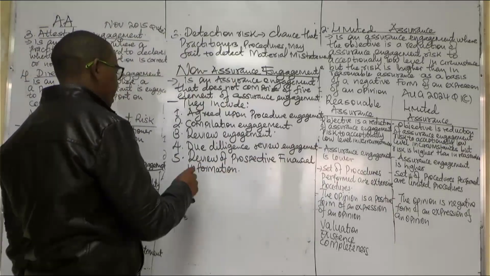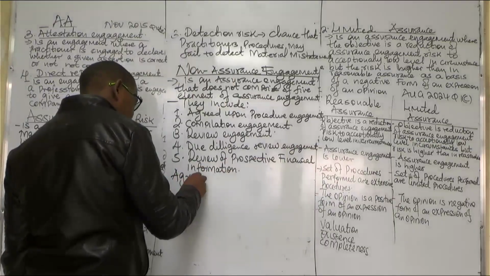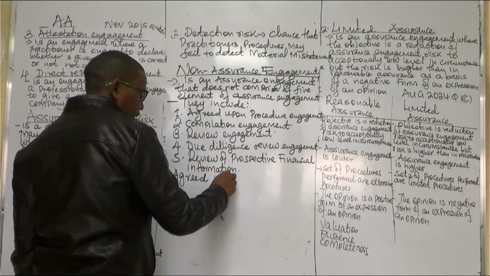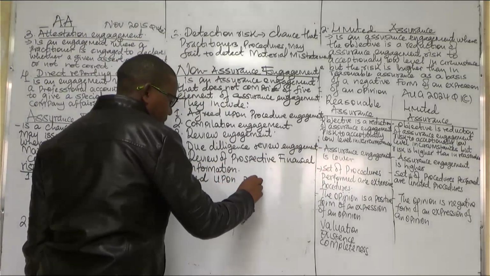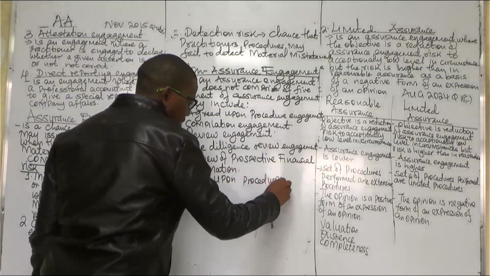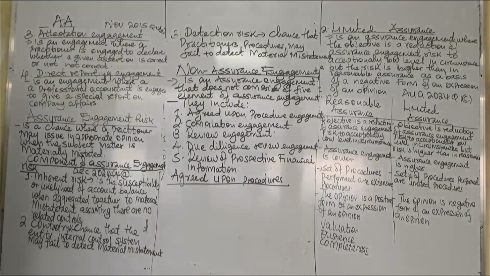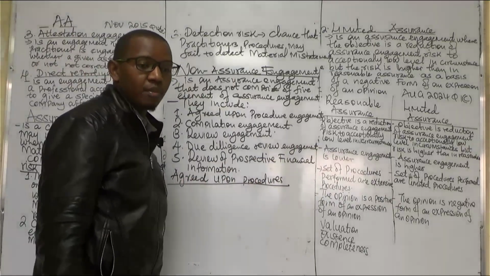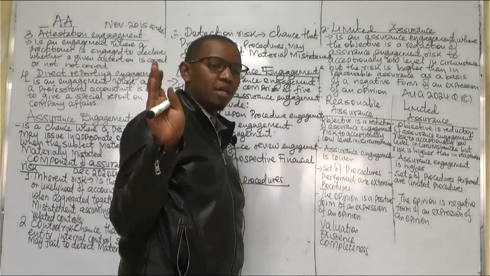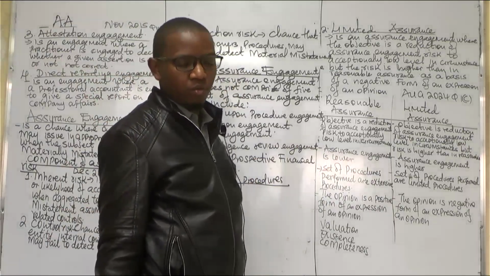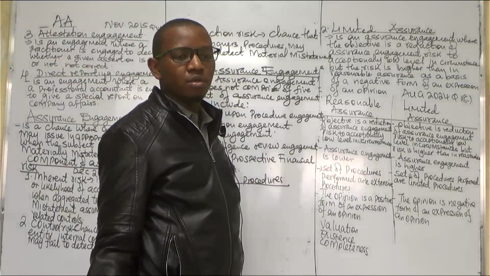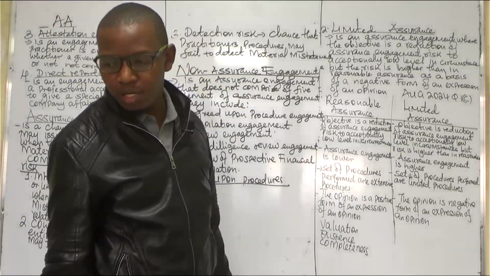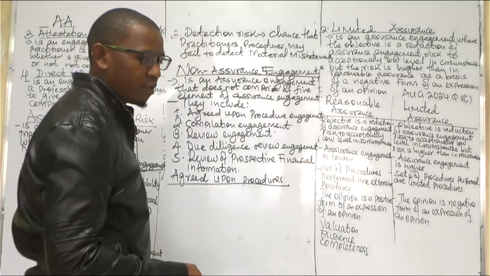Now we can highlight on the agreed upon procedure engagement. In an agreed upon procedure engagement, the practitioner is engaged to carry out procedures of an audit nature, to which he has agreed with the engaging party, and to report on the factual findings.